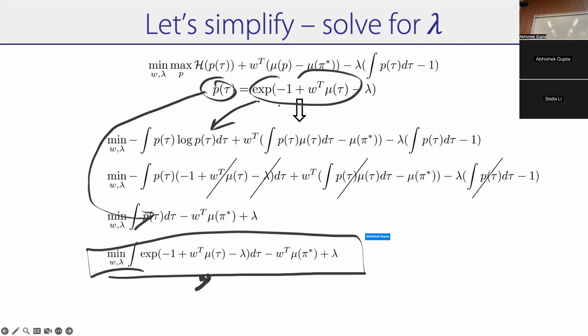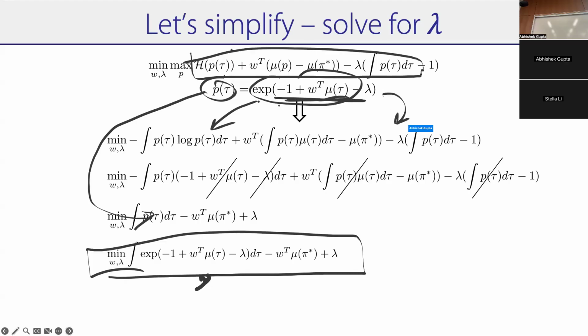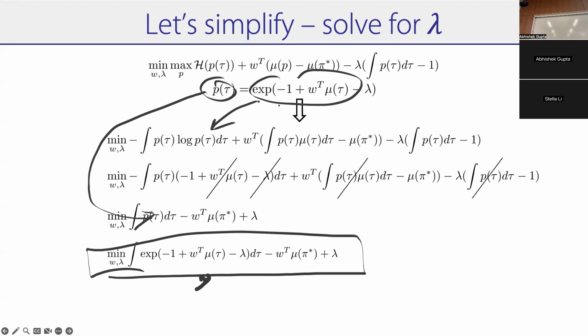Just think of it as magic algebra that took us from this objective up here, with the solution we computed for P tau earlier, to this definition. We stuck this down here and we get this objective, which we can solve with respect to lambda. So we're going to get rid of lambda, and then we'll have a nice expression in terms of W, which is going to help us find our reward function. I'm going to connect it back, I promise. It's going to make more sense.